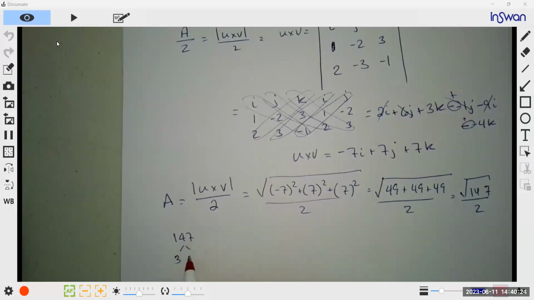Three goes into 14 4 times with 2 left over. So it's 49, 7 times 7.